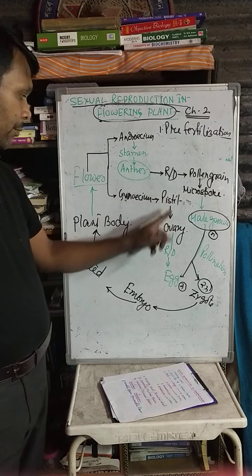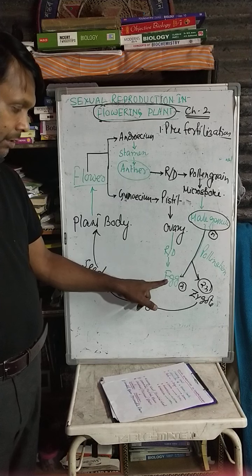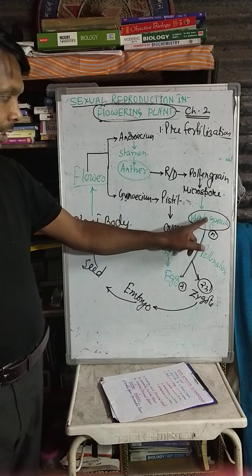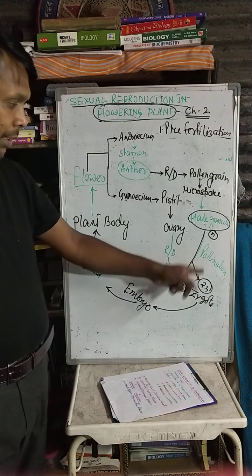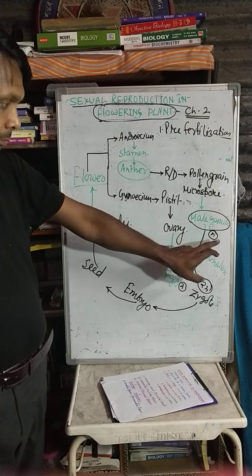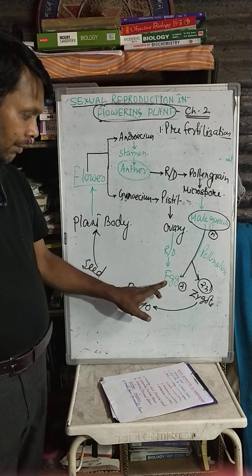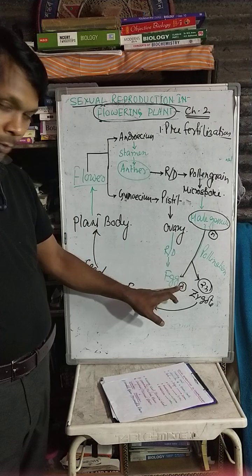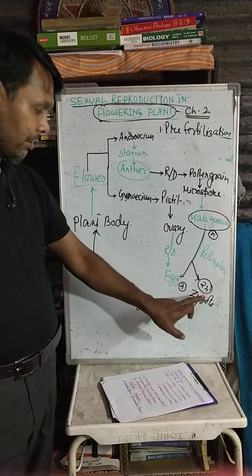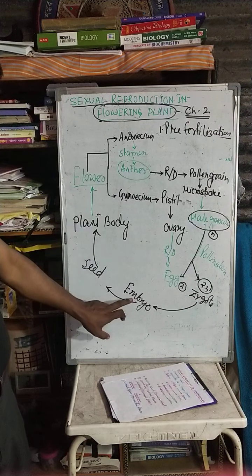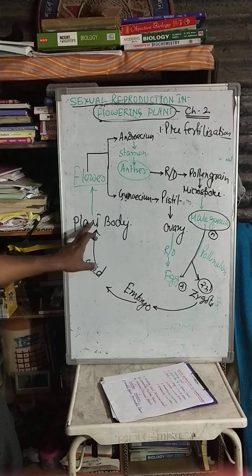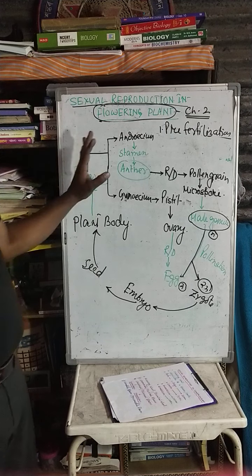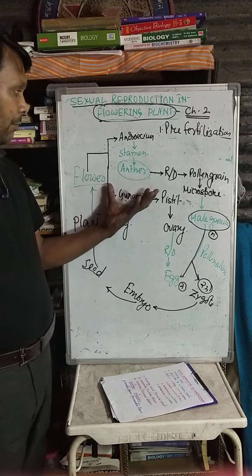This gynoecium produces egg, the female gamete. The male gamete is produced from microspore, and both n male gamete and n female gamete, the egg, unite together to form the zygote. This zygote forms the embryo, this embryo forms the seed, and this seed forms the plant body. This is a normal life cycle.